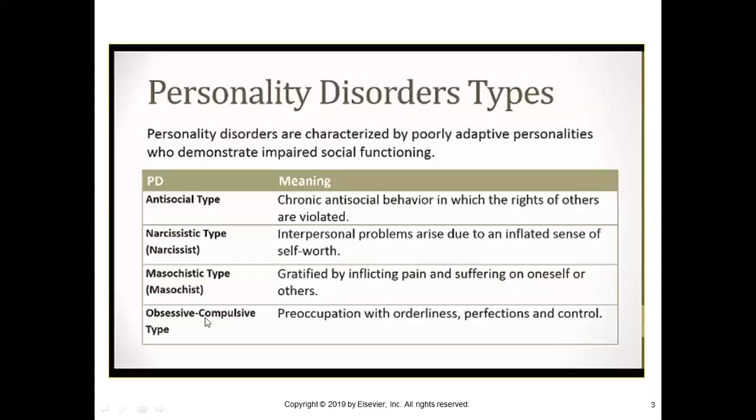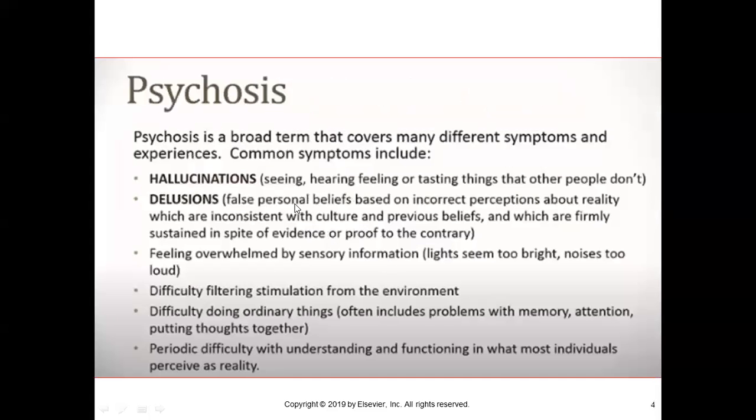This abnormal thinking and doing to reduce anxiety is obsession. Repeatedly doing this physically is called compulsiveness. Obsessive compulsive disorder is also a personality type of disorder, right? So here, what is psychosis?